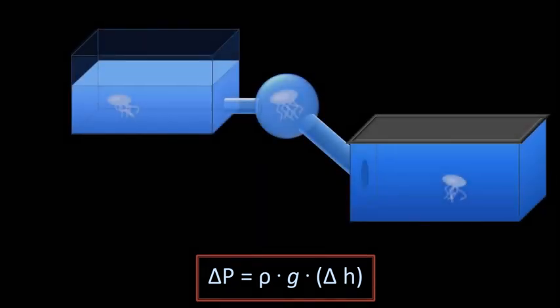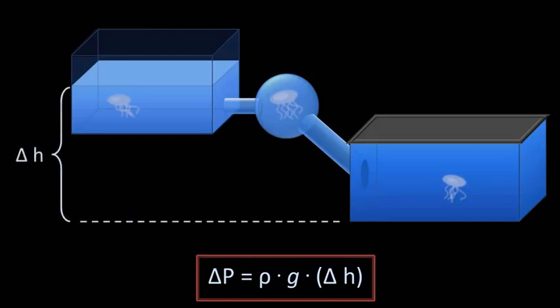If I wanted to know what the maximum water pressure was at the bottom of the system of tanks, the only thing that would matter is the total vertical distance between the top and bottom. The shape of the tanks, the volume of the tanks, the width and length of the connecting tubes are all irrelevant. Also notice that the lower tank needs a sealed lid.